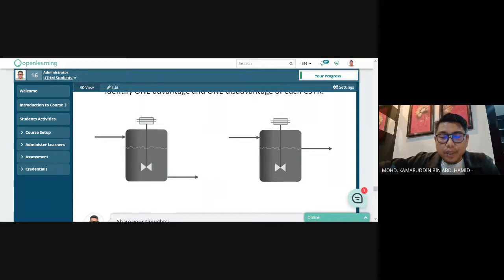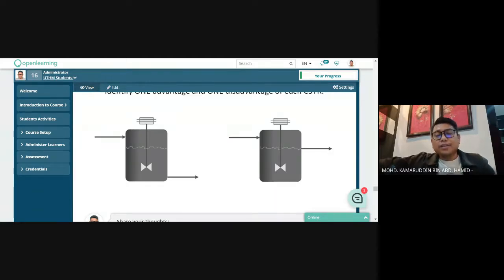Conversion can be increased or not, depending on your volume selection. But on the right side, conversion is fixed since volume is fixed.